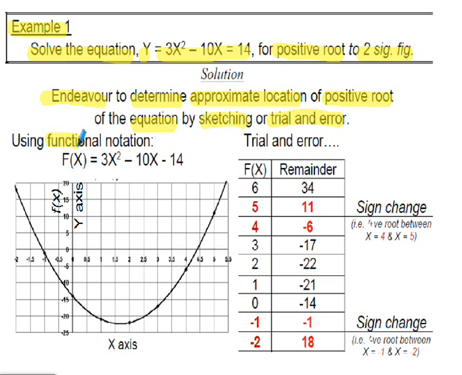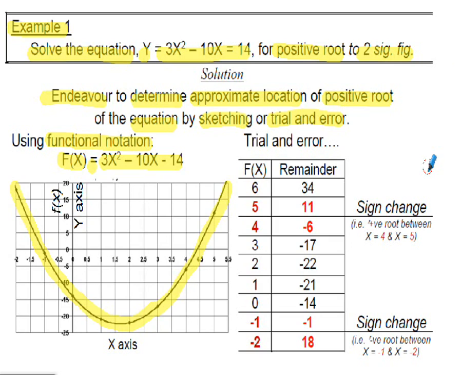Using functional notation, that's the f(x) notation on the left hand side here, that's equal to, in this case, 3x squared minus 10x minus 14. All I've done there is rearrange the equation to get all the terms on one side, and it equals the function of x, or the y dimension. If we now sketch the function of x here, y equals 3x squared minus 10x minus 14, we would get this shape of quadratic.